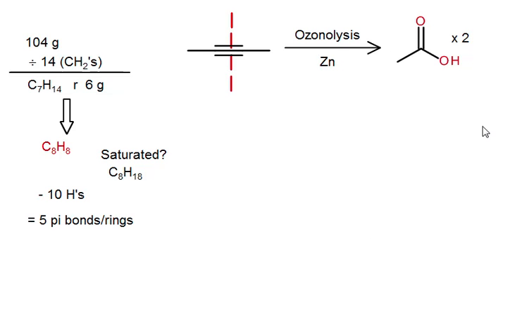Of course, the ozonolysis part of the reaction is taking an alkyne and breaking open that carbon-to-carbon triple bond and turning it into a carboxylic acid. So every time that pi bond breaks open, it produces a carboxylic acid on either side of the carbon-to-carbon triple bond.